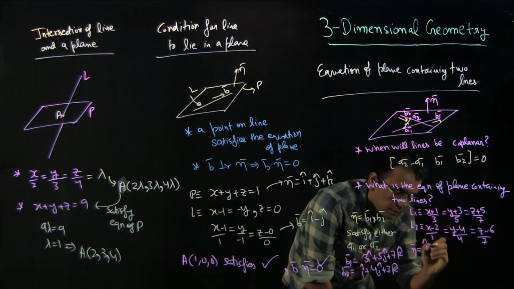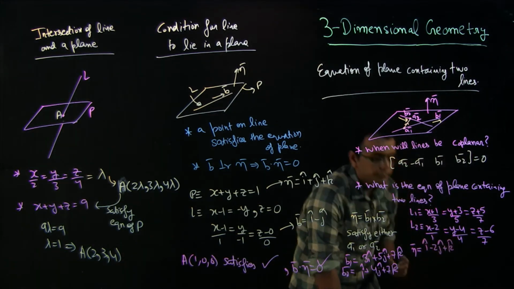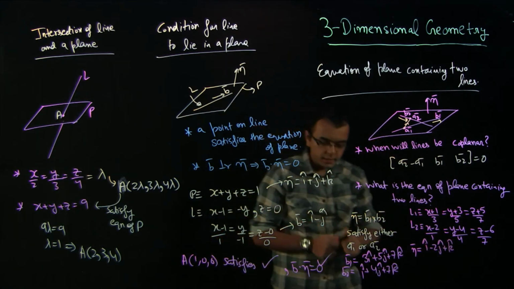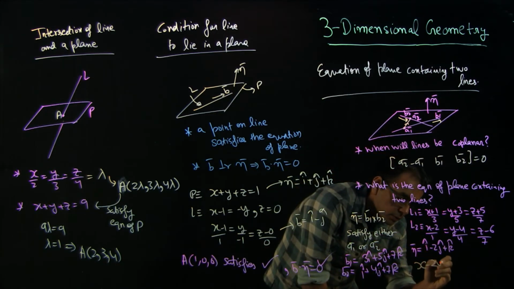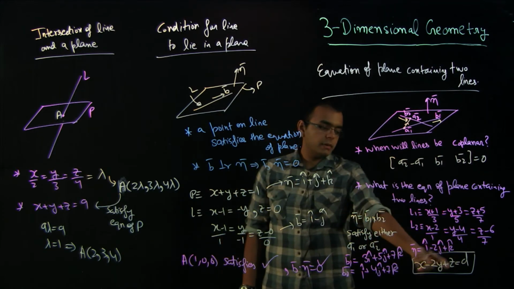It may be parallel to this. Okay, so the equation of the plane would be something like x minus 2y plus z is equal to d, right? Because the n vector is i cap minus 2j cap plus k cap.